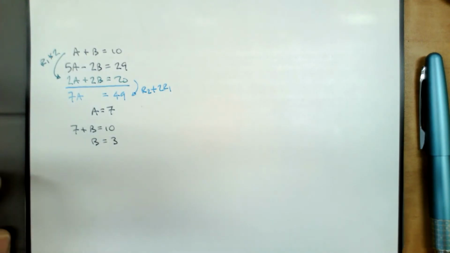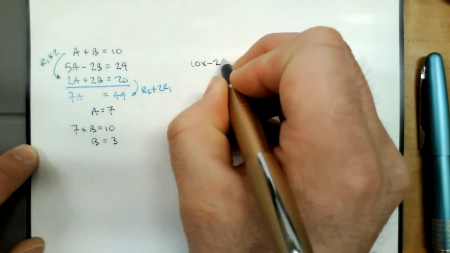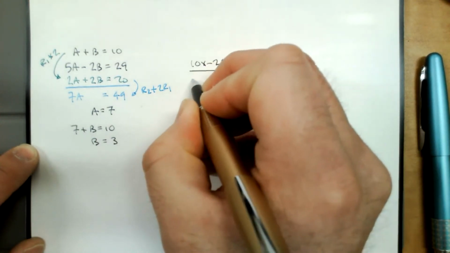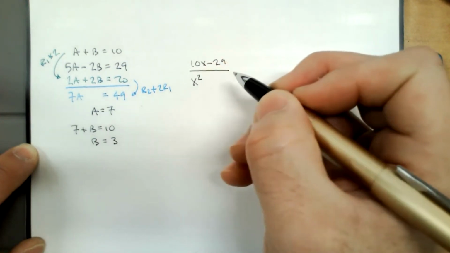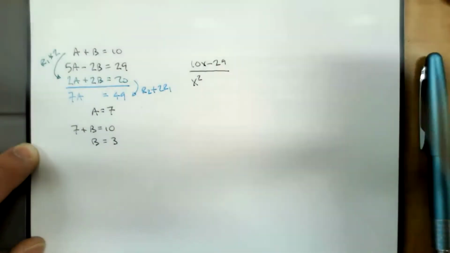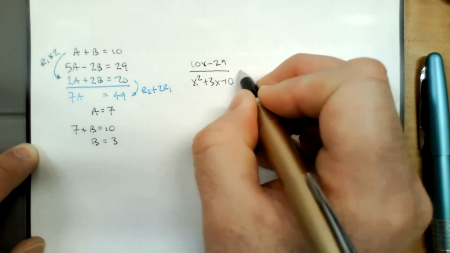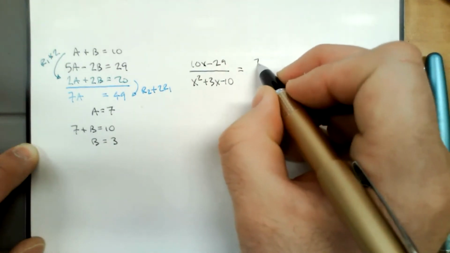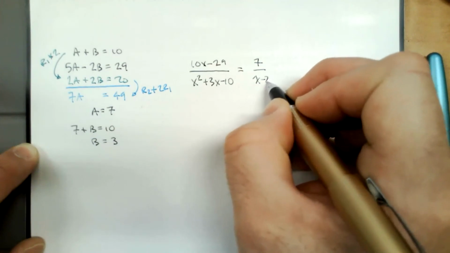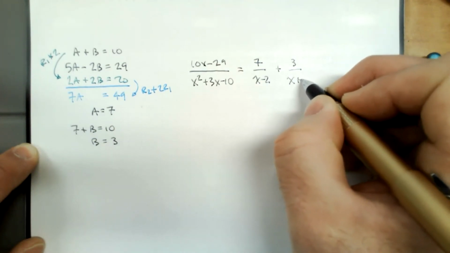So now we know that (10x plus 29) over (x squared plus 3x minus 10) is equal to 7 over x minus 2 plus 3 over x plus 5.